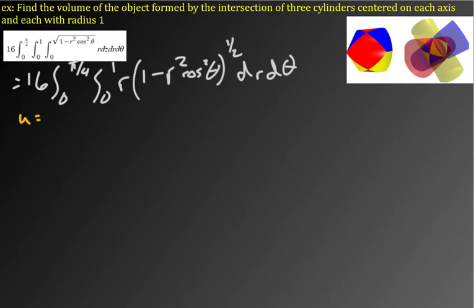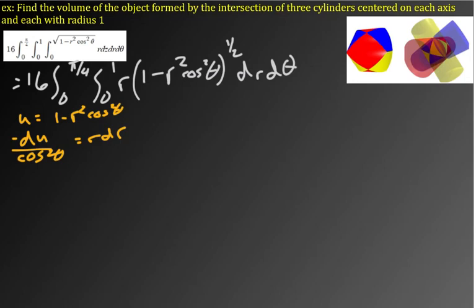So if I let u equal 1 minus r squared cos squared theta, then negative du over cosine squared theta would equal r dr, right? Yeah, I did that right, I think, in my head. And that's what I have in here, right? And so then I'm going to just swap the problem over to a u integral.